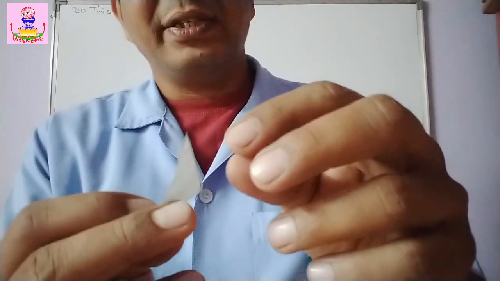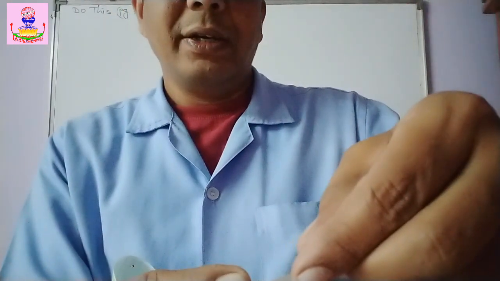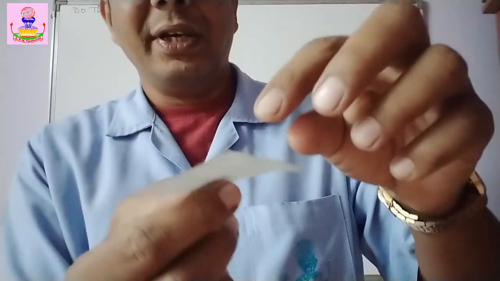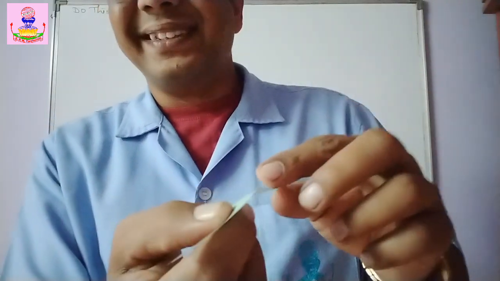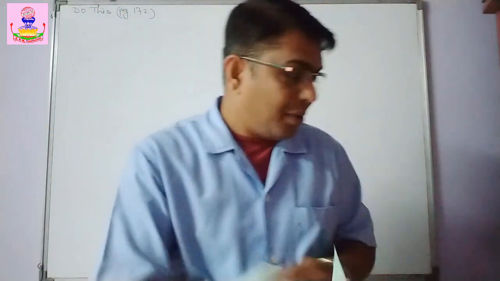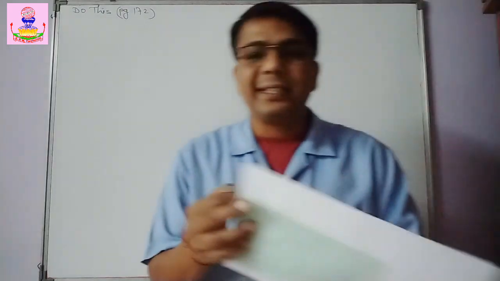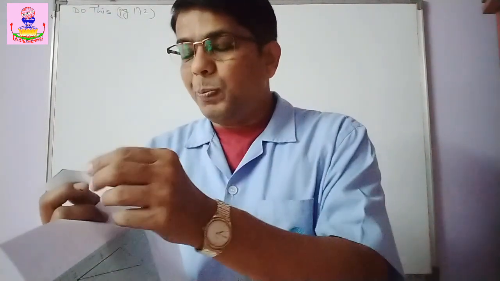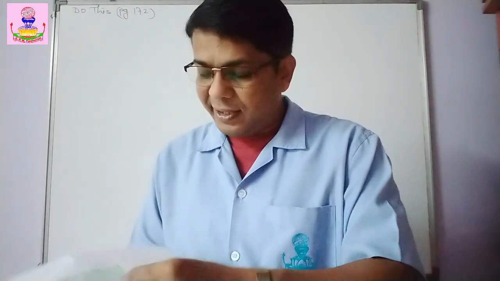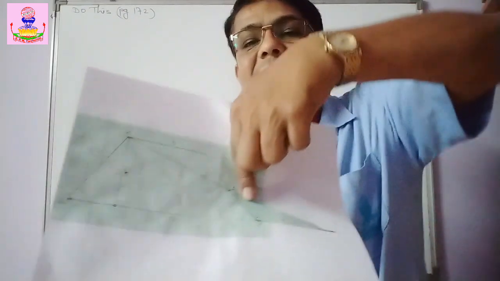Now you can see here, this is point A, this is Y and here it is Z, and this is the length b. Now I have got a similar trapezium pasted on a paper, so I am going to paste this triangle here like this. Can you see?